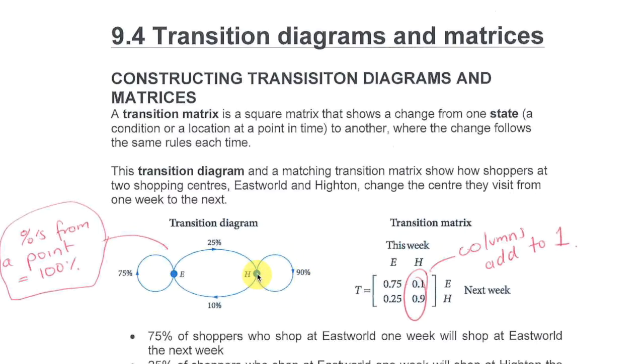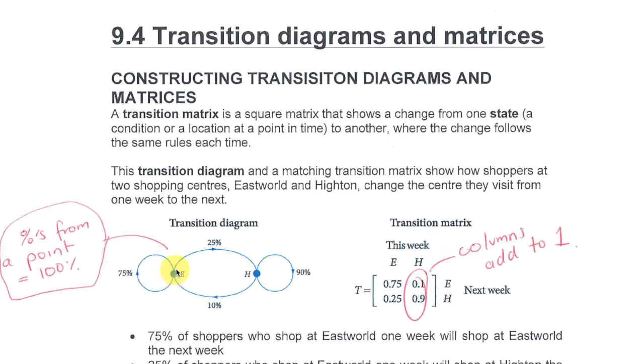So from shopping centre H, we have an arrow or a line moving out with an arrow going back into H, and that shows that 90% of the customers that were shopping at shopping centre H in 1 week will remain to shop the next week. It also shows that 10% of those customers will move across to shopping centre E the next week.